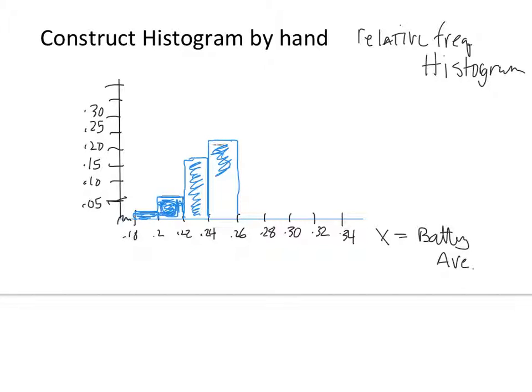All right. So that's my bar for that. For batting averages of 0.26 to 0.28, I have about 21.7%, which is about right there.